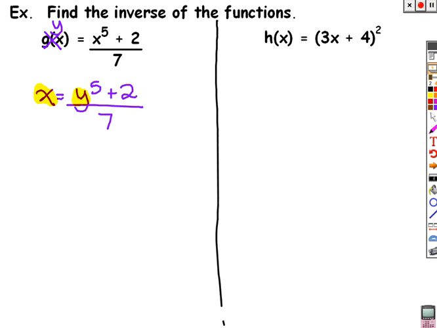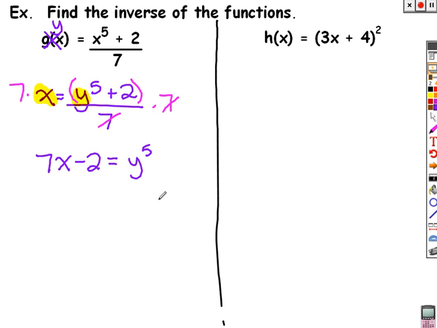So then I just have to go through and solve for y. Now all of this is together, so if I want to get rid of the fraction, you should have multiplied each side by 7. And then next step, you would have wanted to subtract 2, so 7x minus 2 would be y to the 5th power. And then how do you undo the 5th power?